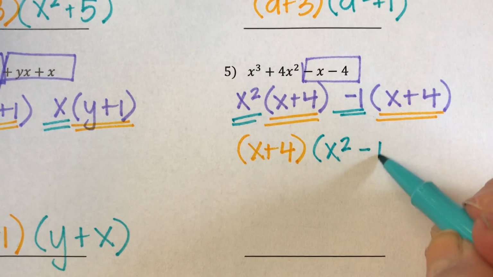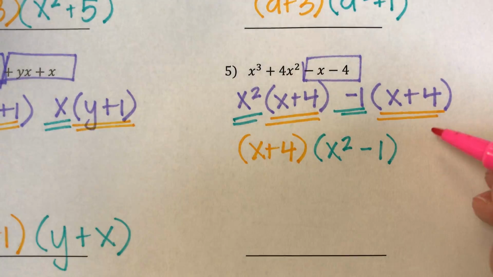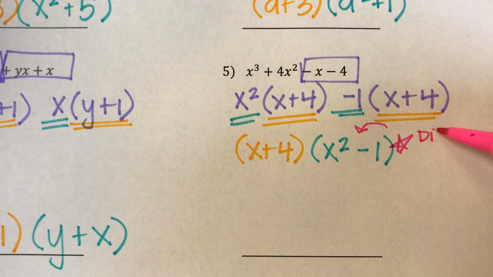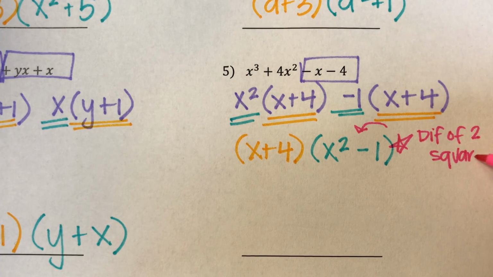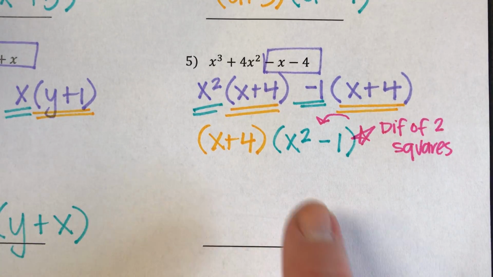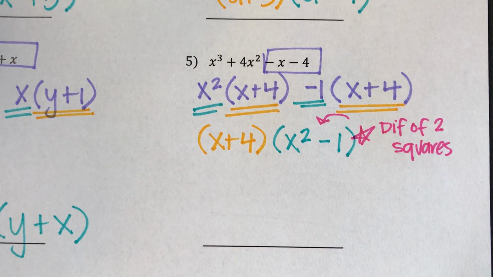Okay, and then the one made up of these outside terms, x squared minus 1. Here is where I'm going to introduce kind of a new concept. And this is the part called factoring completely. If you look at x squared minus 1, this is a difference of 2 squares. Okay, x squared minus 1 is a difference of 2 squares, which means I can actually split this one up even further.